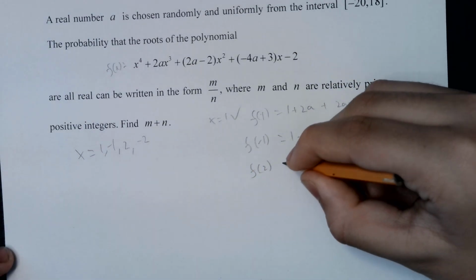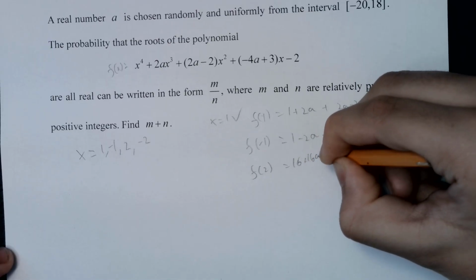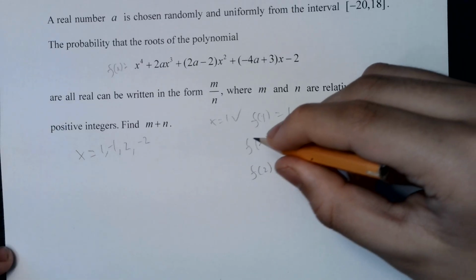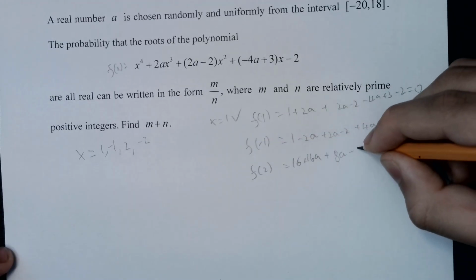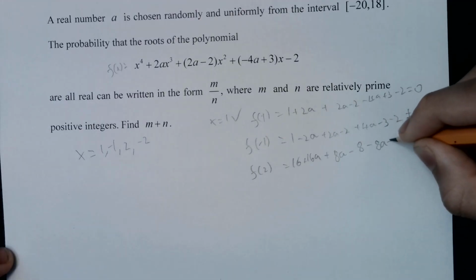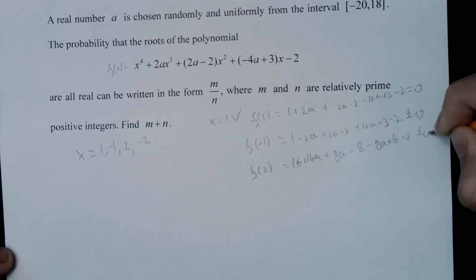Plugging this in, we get 16 plus 16a plus, so this would be 4 times 2a, so 8a minus 8, minus 8a plus 6 minus 2, and this is also not going to be equal to 0.